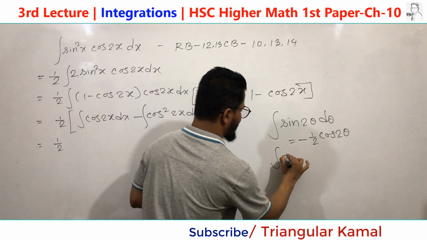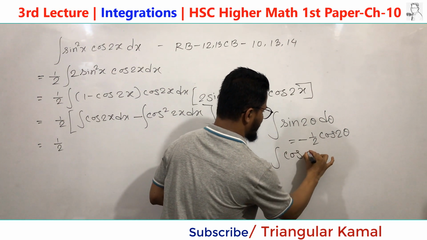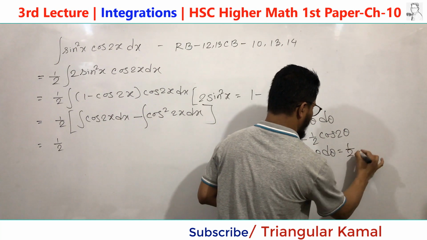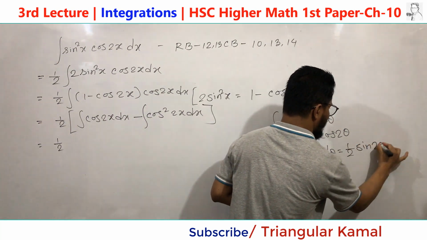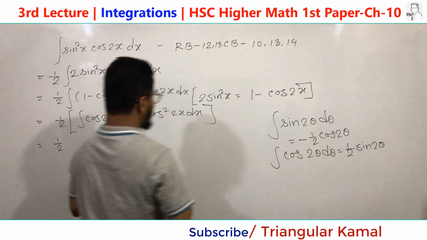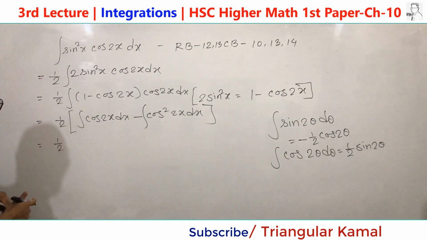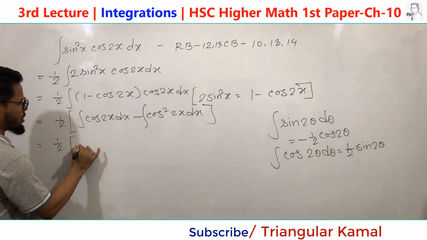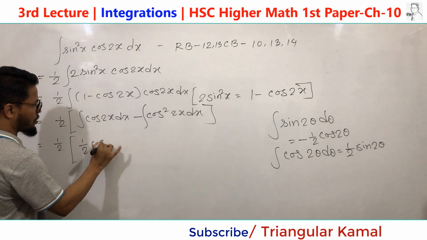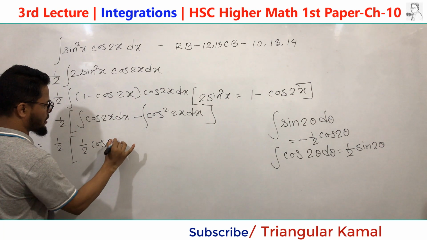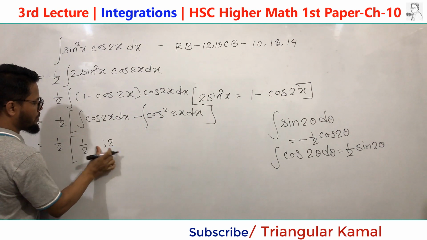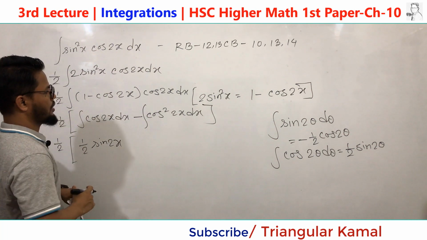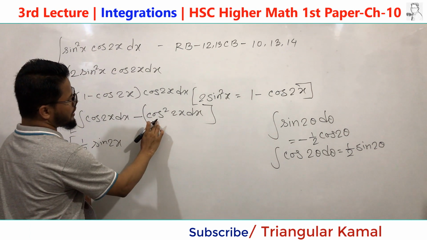Similarly, integration of cos 2 theta d theta will be 1 by 2 sin twice theta. So dear students, we will use this formula here. So this one will be 1 by 2 sin twice x, since the cos integration gives sin.